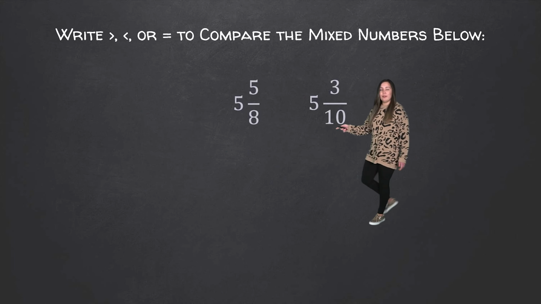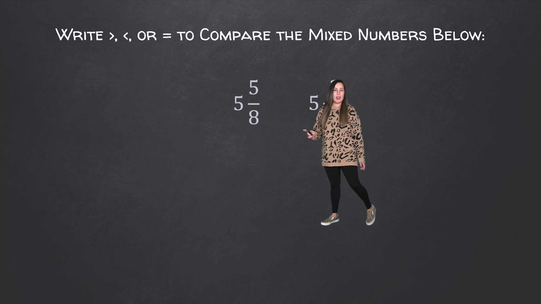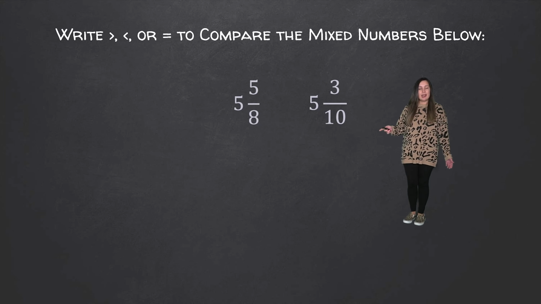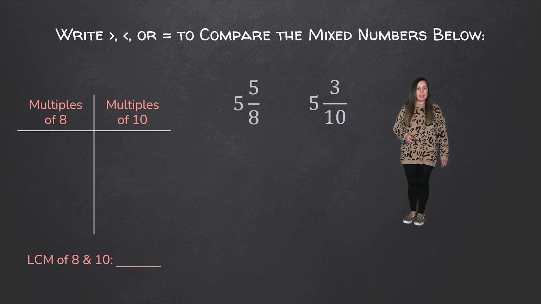Here we have 5 and 5/8 and 5 3/10. And notice that the denominators are different again. So we have to find the least common multiple of our two denominators to write equivalent fractions afterwards. So before we find the least common multiple, we have to list out the multiples of our denominators.